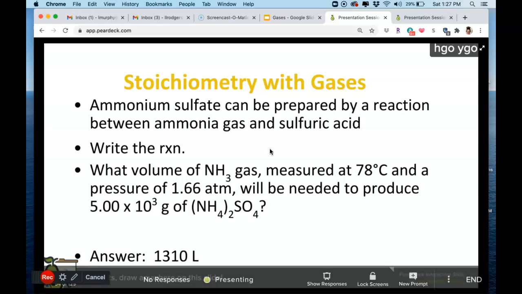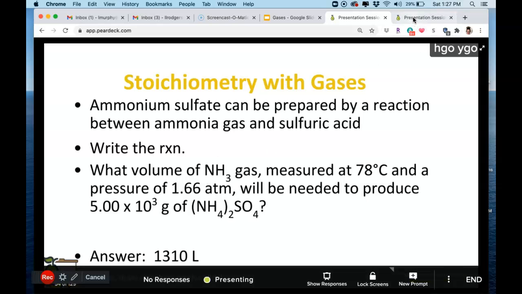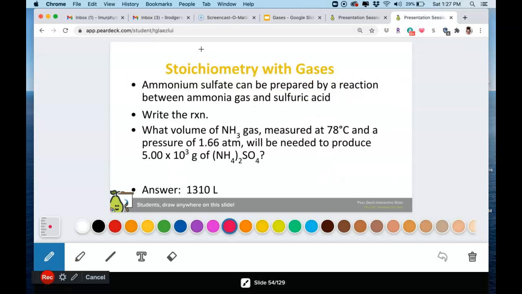So on to the next topic, stoichiometry with gases. Just like we can do stoichiometry in a chemical reaction, we can do it with gases. The reason we can do that is because we now have multiple ways to get to moles. Right in the beginning, whenever you first learned stoichiometry, it was grams to moles. That was before you even came to me.